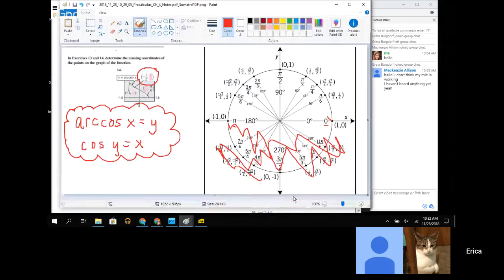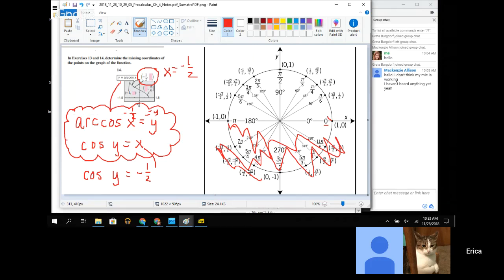Okay, so we have this function graphed for us, and we need to figure out what the values are. The first one is, what happens when x equals 1/2? We want to know the arc cosine of 1/2 equals y. Another way we could write this is, when does the cosine of y equal negative 1/2, because that is our x?